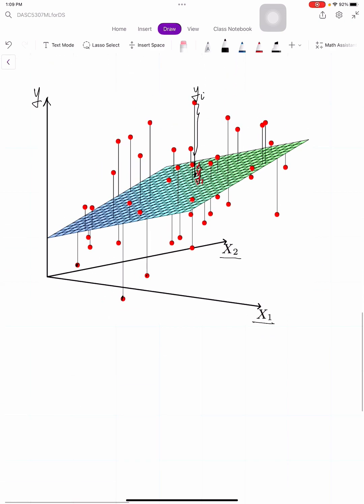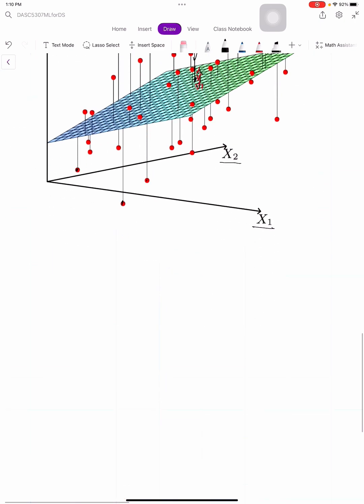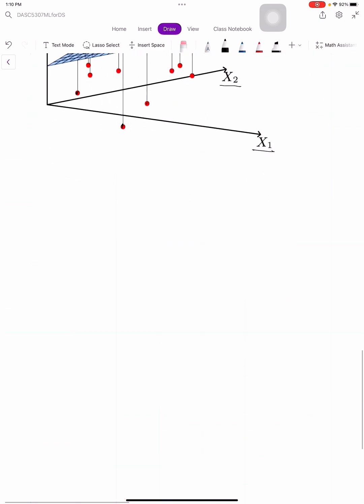Okay, to solve for the W and alpha, we need some matrix notation.